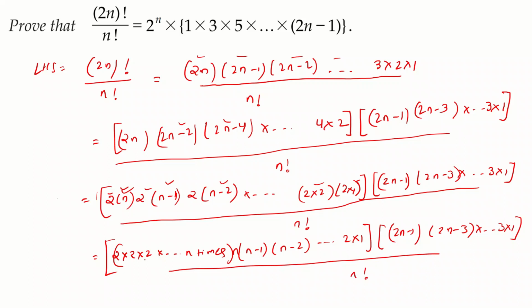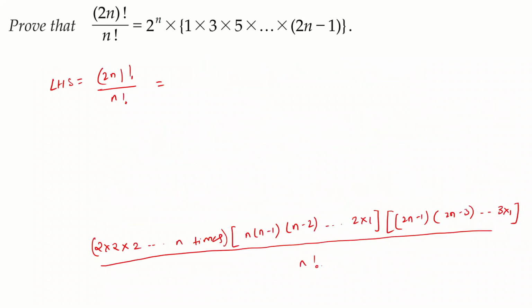Alright, let me erase the above portions. Now 2 times 2 times 2, we are having it n times, so I can write it as 2 to the power of n, and then n times n minus 1 times n minus 2 all the way up to 3, 2, 1 gives us n factorial. And then I don't touch this bracket again because it is already there on the right hand side.